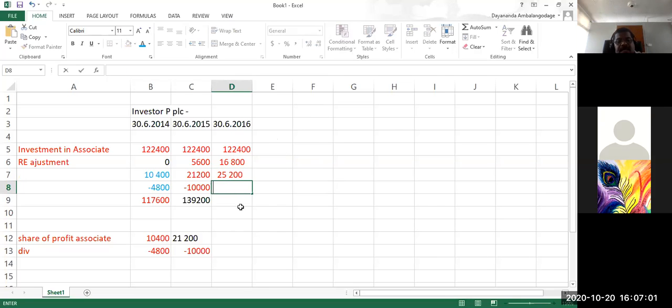Here it is dividend, that is the portion of dividend, 14,000. Here it is 14,000. Can you remember?